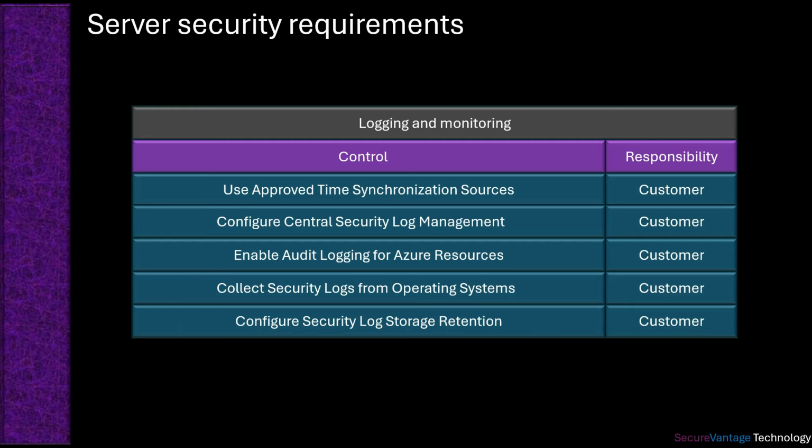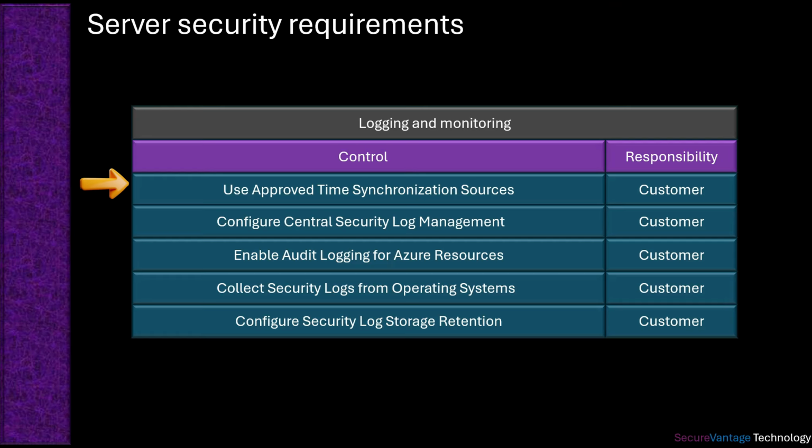Let's dive into security controls with a focus on logging and monitoring. First control is use approved time synchronization sources. Think of time synchronization as making sure all your logs are set correctly. For Azure resources, Microsoft ensures that time is synchronized accurately across the board. However, for your Windows virtual machines, you have the option to manage and configure time settings to keep everything in sync.